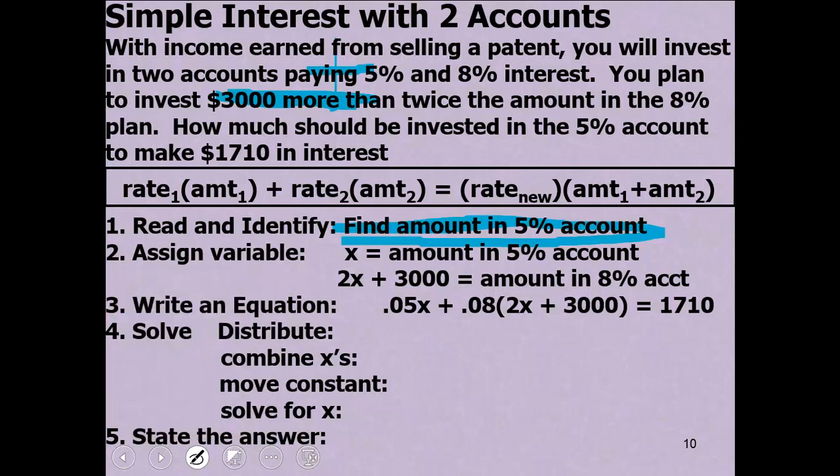So I have 0.05X plus 0.16X plus 240 equals 1710.